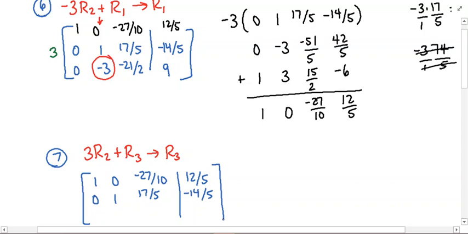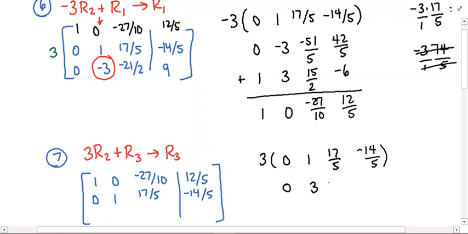Okay, so here we go. We're going to do 3 times row 2. So let's write down row 2 here. We're going to get 0, 3. And then we've got to do 3 times 17/5.